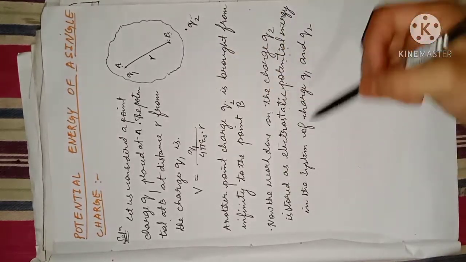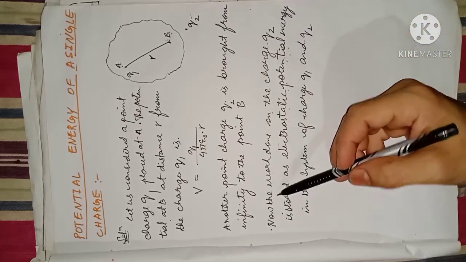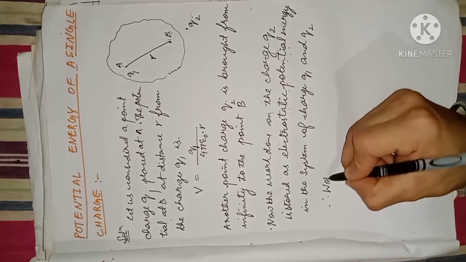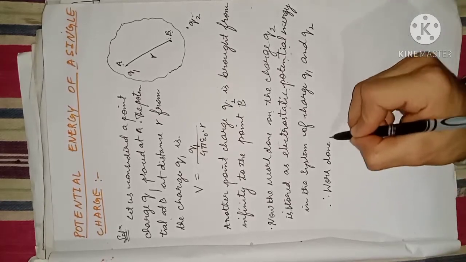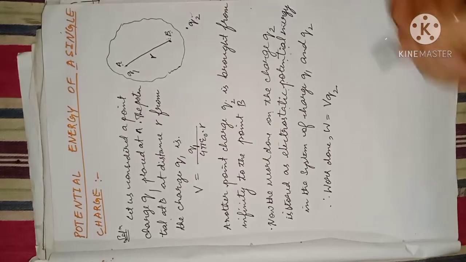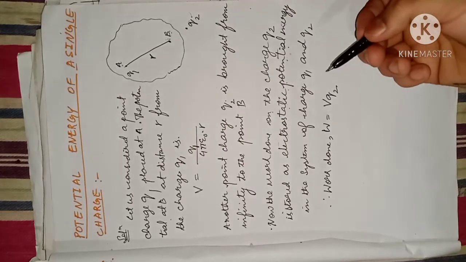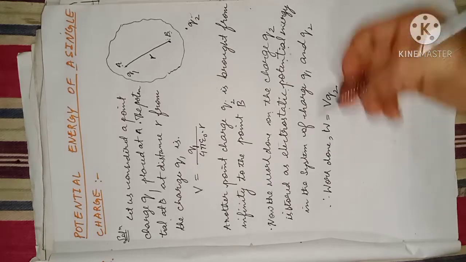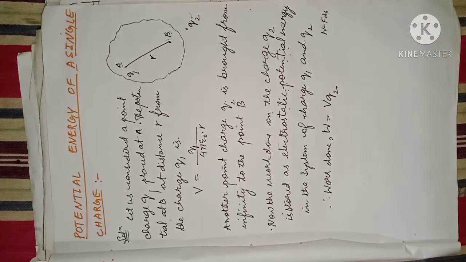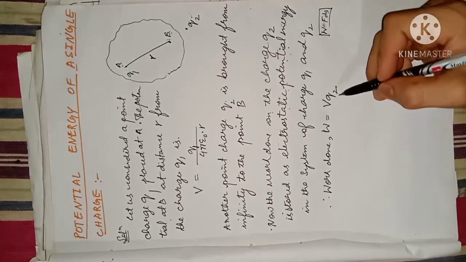So now the work done in bringing the charge q2 from infinity to the point B will be, therefore, W is equal to Vq2. We have learned that work done is force into displacement, and from the potential energy concept, another formula is W is equal to Vq2.